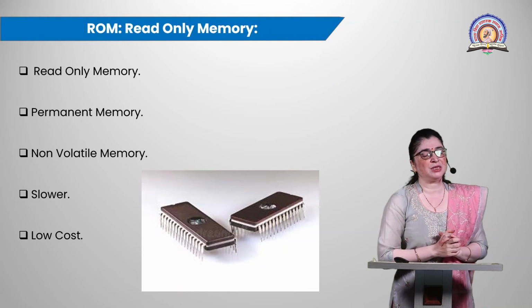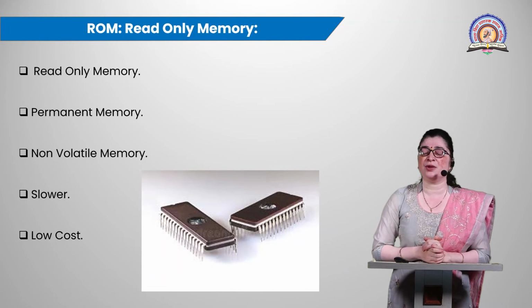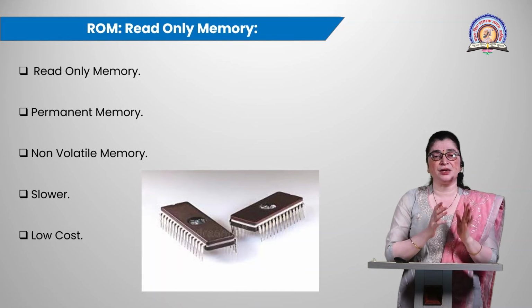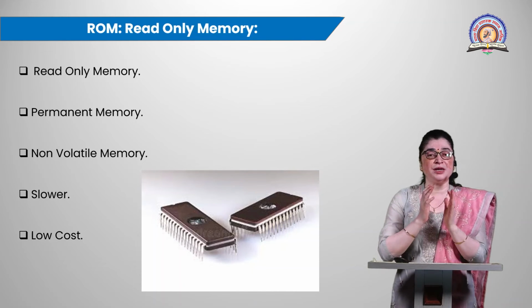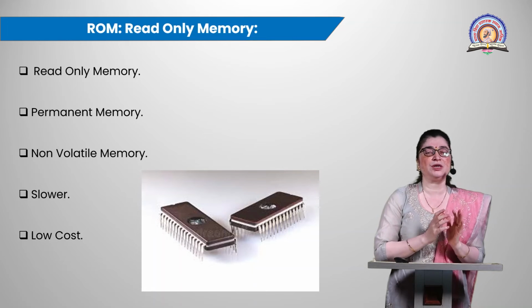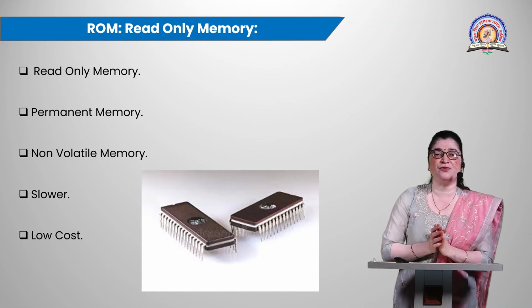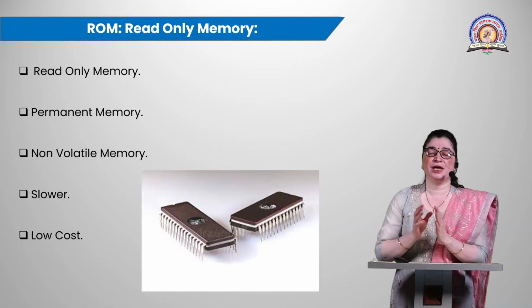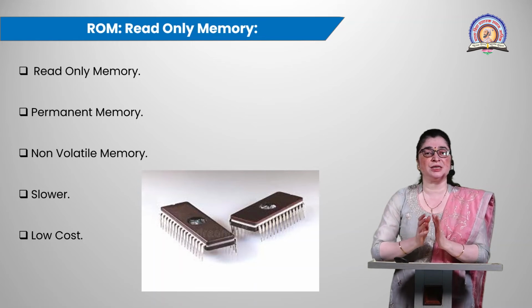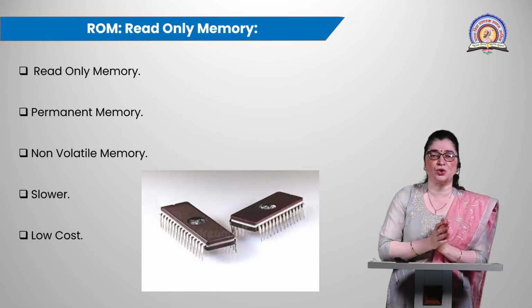The other type is ROM, that is read only memory. As the name indicates, read only. You only read the information. The user is not allowed to make modification or changes in ROM. He just reads whatever information is stored on that chip.